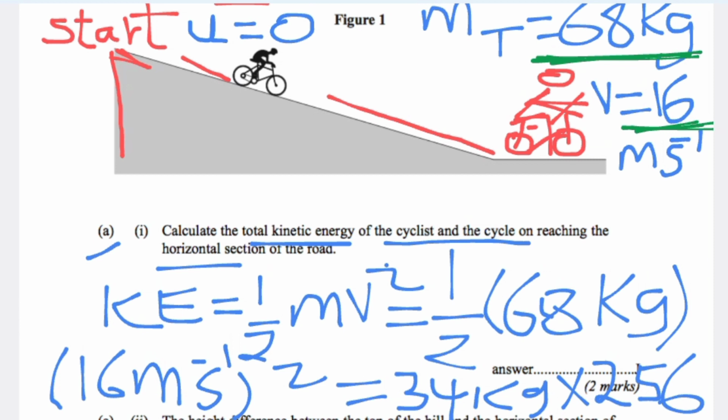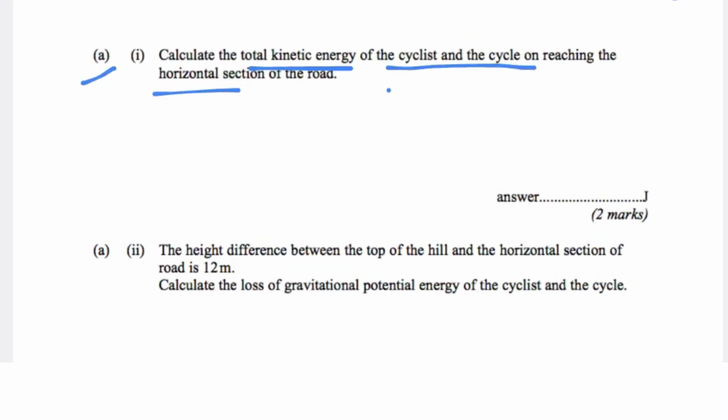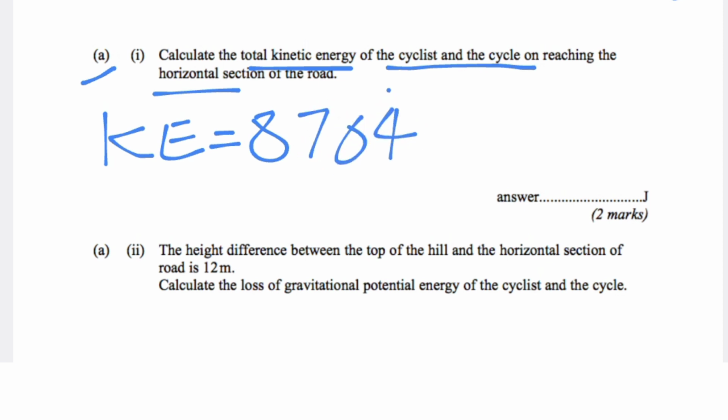Don't forget to put the unit in. It is meter squared per second squared, right? When we square it, both meter and second will be squared. So we find kinetic energy is equal to 8704 joules.